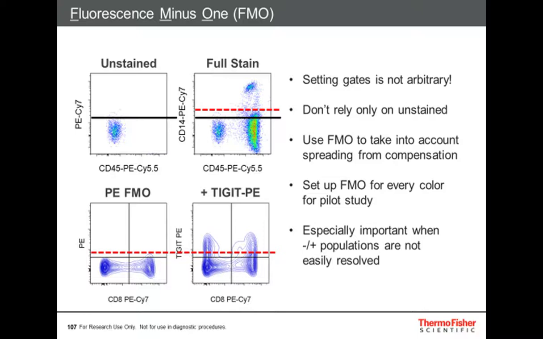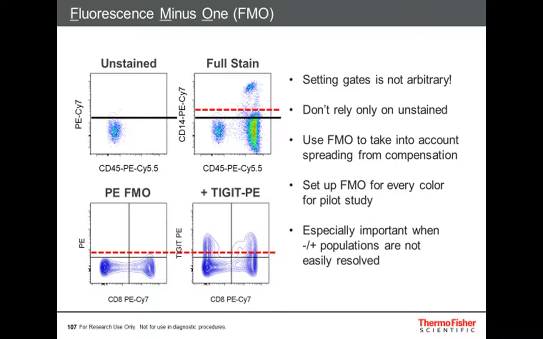And here, for example, in the first panel of plots that you see, the PE-Cy7 and the CD45 PE-Cy5.5, I would not need to use those two FMOs after the first time I run them, because no matter where I set those gates, I can get a good read on the separation between those two populations. Once I've set the FMO and I realize where I need to set it, I can tell a reviewer, I ran these FMOs the first time, I got good separation, and I didn't have to run them the next time.